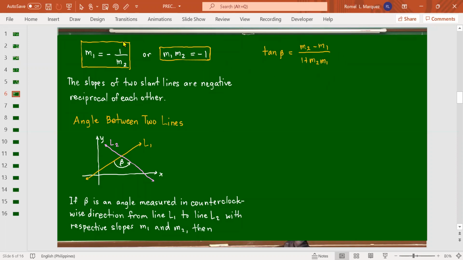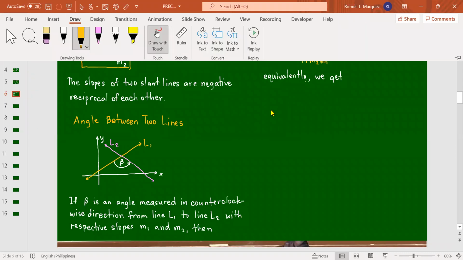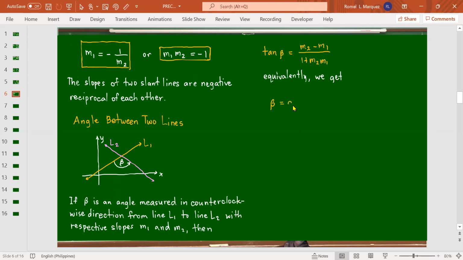If I'm going to solve this for beta, we get what, guys? Beta is equal to arc tangent of m sub 2 minus m sub 1 all over 1 plus m sub 2 m sub 1.